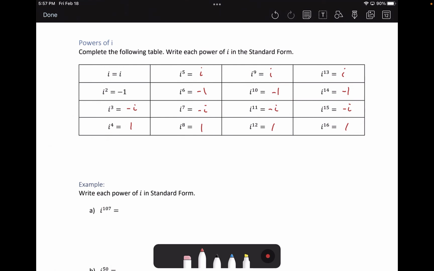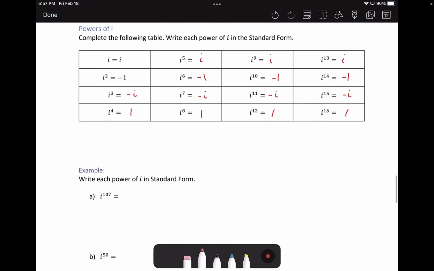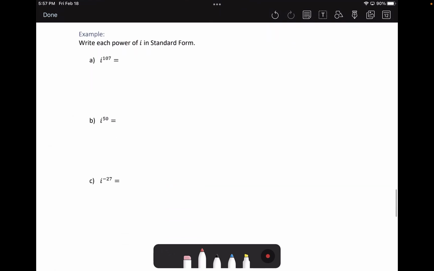We can use this fact that there's a repeating pattern to simplify higher powers of i. Since it's repeating every 4 powers, what we can do is divide these higher powers by 4. So I'm going to see how many times 4 will go into 107. 4 goes into 10 twice. Multiply, we get an 8.